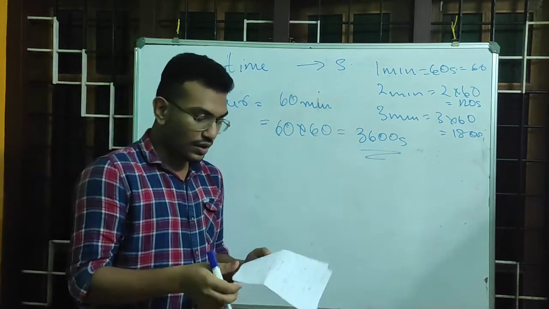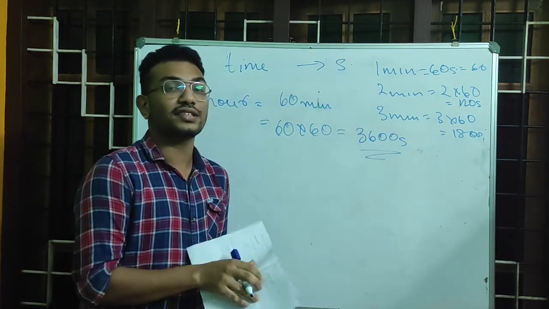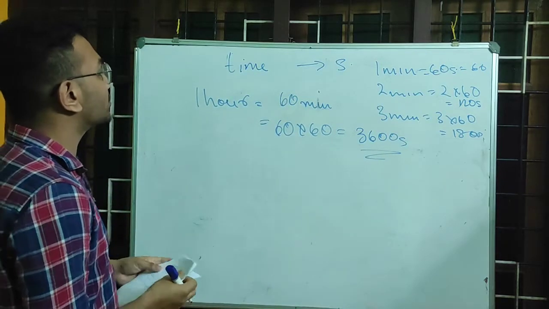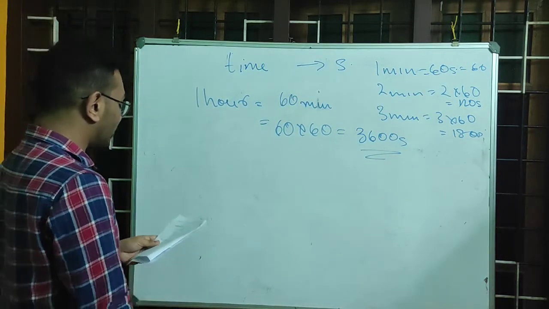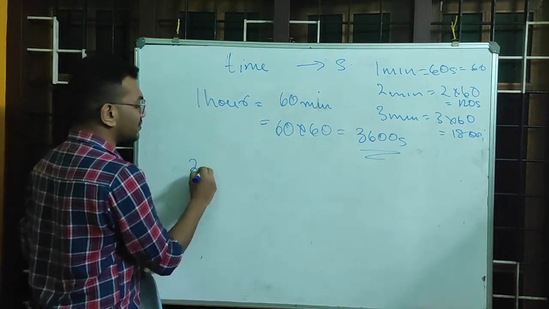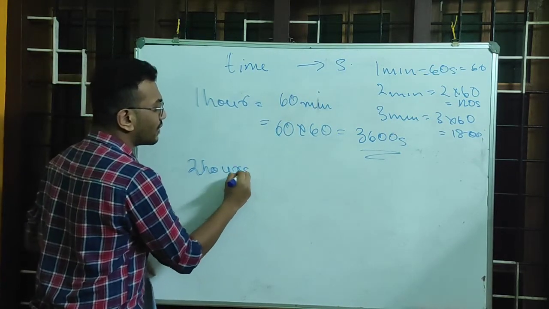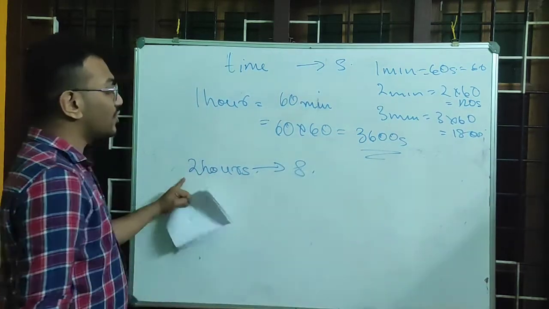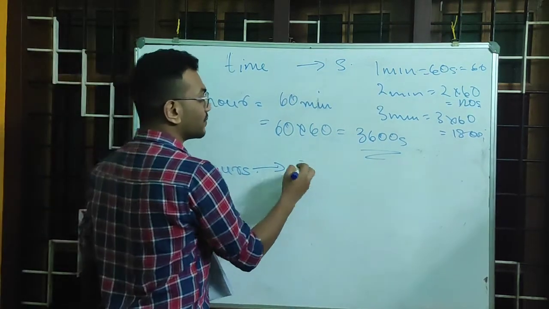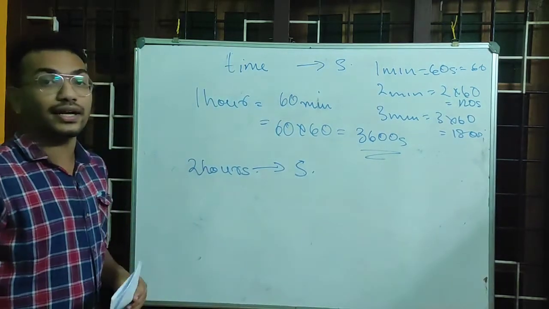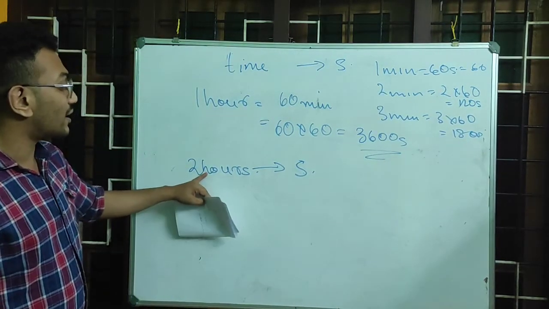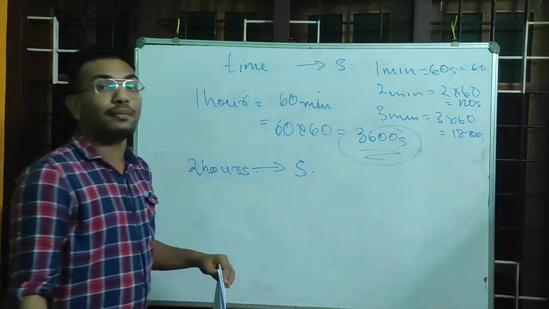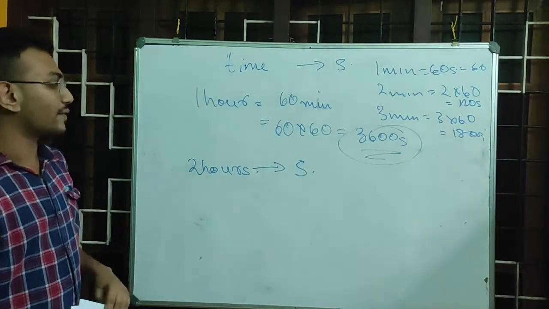Okay. So let's discuss some questions right now for the conversion of hours to seconds. The first one, a simple one, 2 hours. How would you convert 2 hours to second, not minute? You have to convert 2 hours to seconds. How will you convert it? To convert hours to second, we have to multiply by 3600.